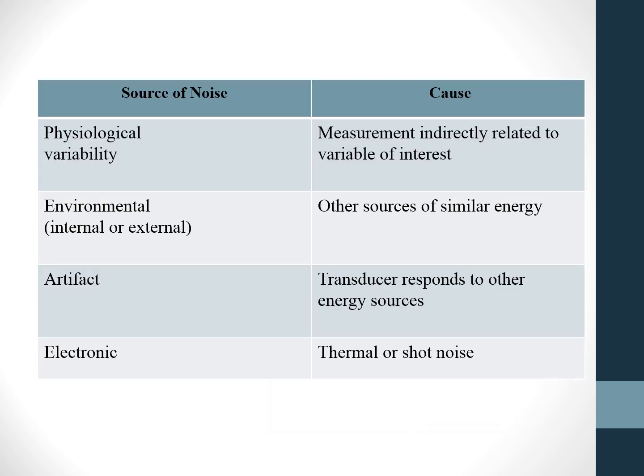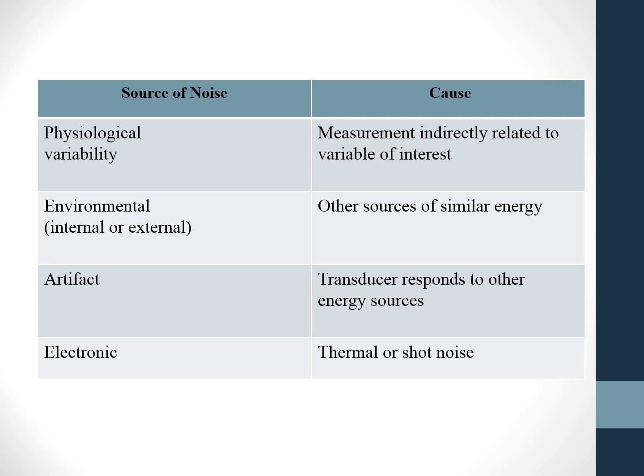Now this table represents the sources of noise and the cause of each. First is physiological variability, as we have discussed: the cause is that the measurement is indirectly related to the variable of interest. The second one is environmental noise, which can be internal or external, and the cause is other sources of similar energy.